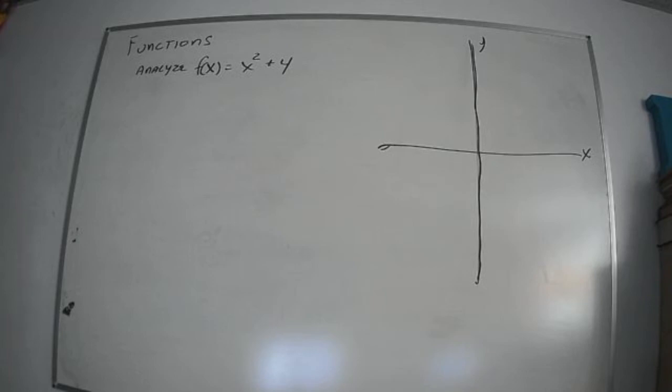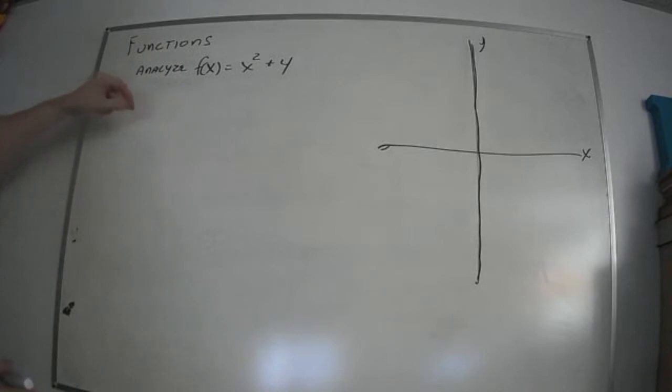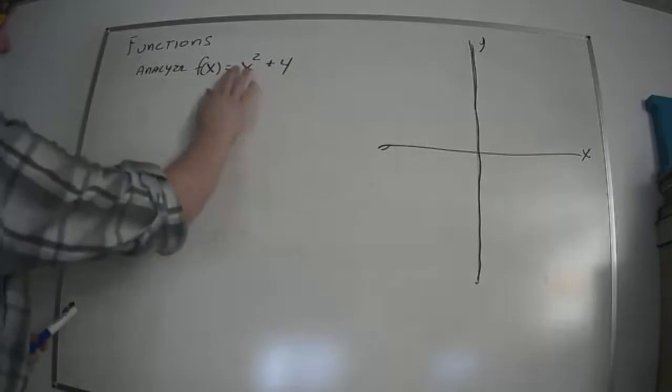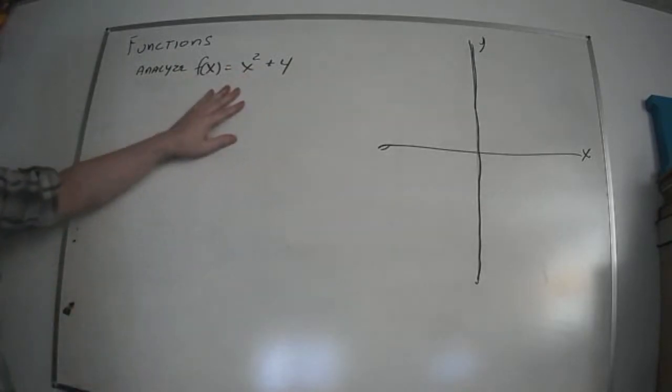We could find some values. I could try to graph this, but that's actually the next chapter. So what I'll do is ask, what's the domain of this function? If it's not given, I can find any value of x. Really, any number will allow this to be a function.